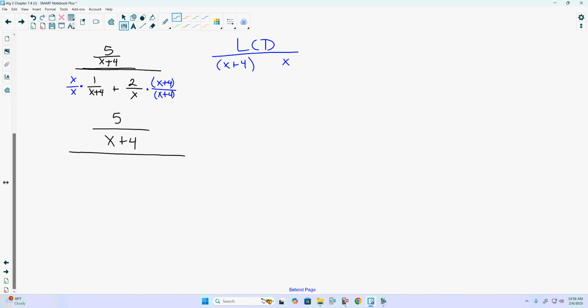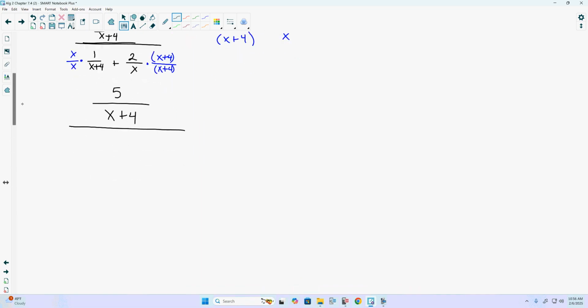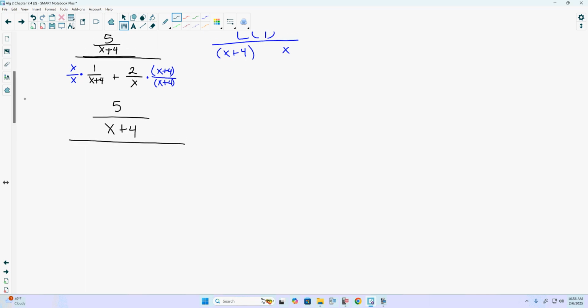Now the denominators are going to multiply. So the one on the left here, our x over x times 1 over x plus 4. On top, our 1 times x is going to be x. On bottom, we're going to have x times x plus 4.